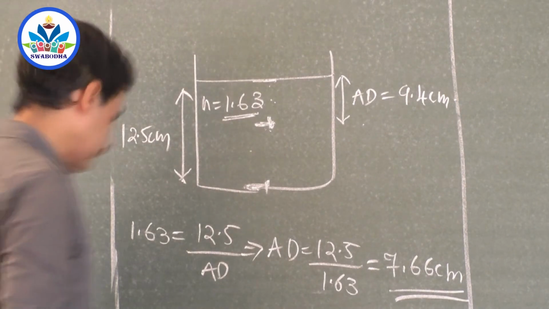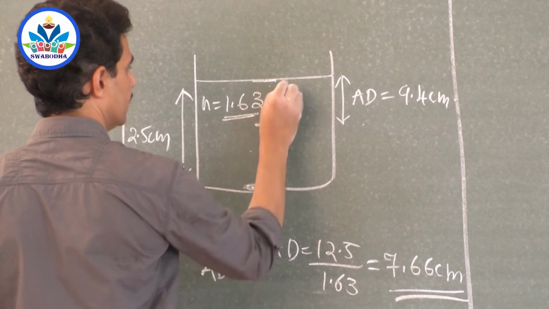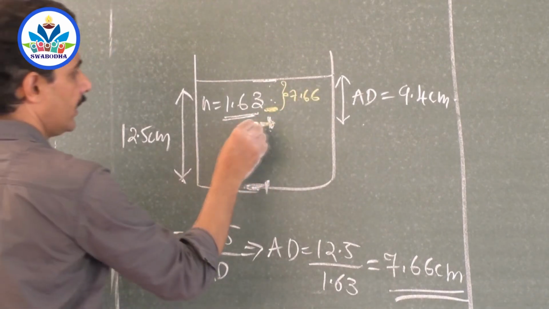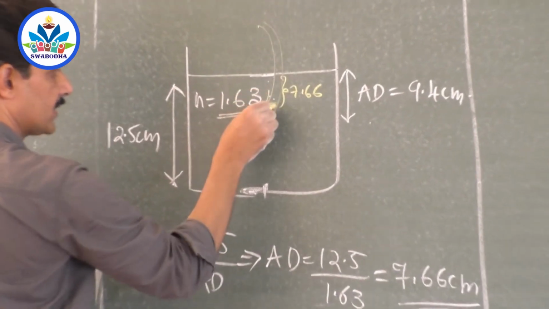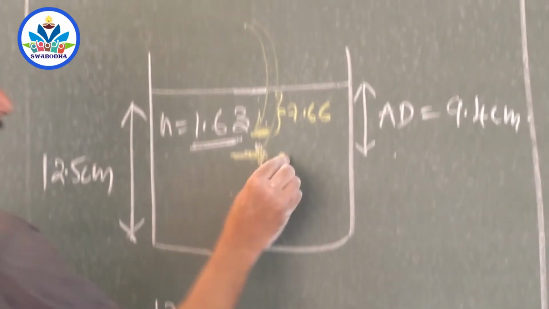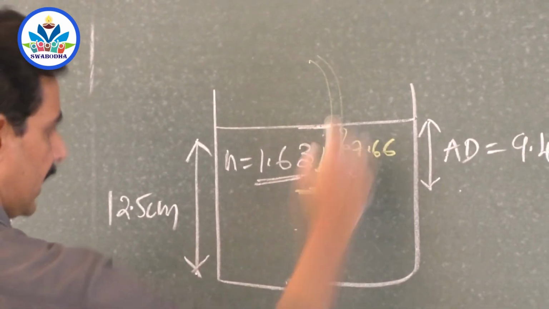So shall I indicate it here? It is a little bit lesser than this. So here, 7.66. That means already our microscope has been focused here. Now it has to be refocused here because the liquid is different, shift is different, apparent depth is different. By how much does the microscope have to be lifted? That is this difference, this one minus this one.